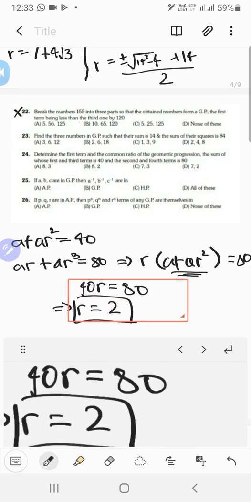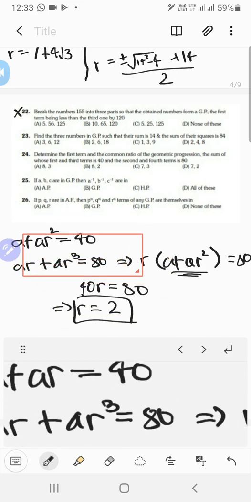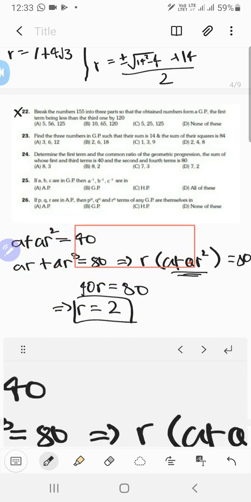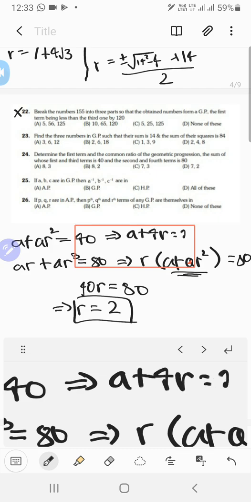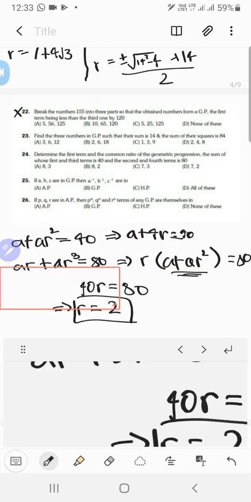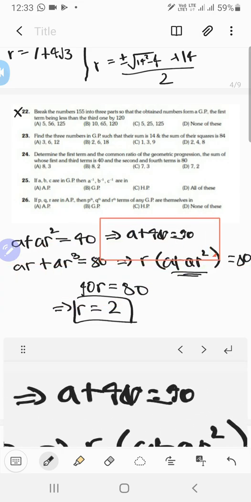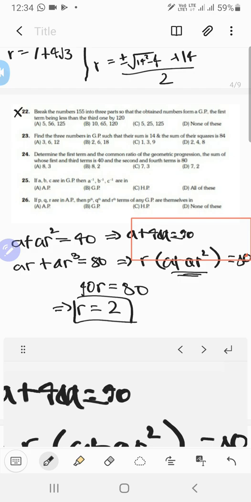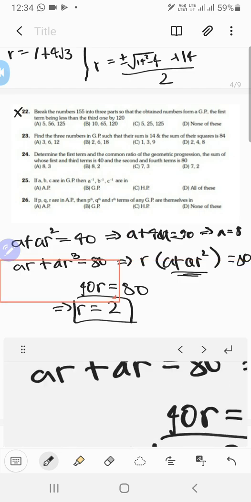Let's put the value of r in this equation, so that gives us a plus 4a is equal to 40, so 5a is equal to 40, which means that a is equal to 8. That's nice.